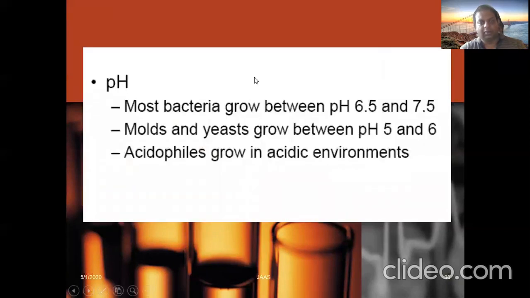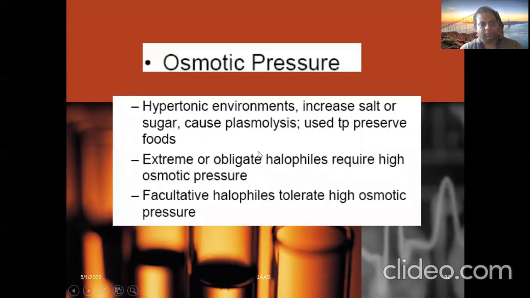Regarding pH, most bacteria grow between 6.5 and 7.5. Molds and yeast grow between pH 5 and 6. Acidophiles grow in acidic environments. Osmotic pressure: you know hypertonic, hypotonic, and normal state. A hypertonic environment is where the salt concentration is high.